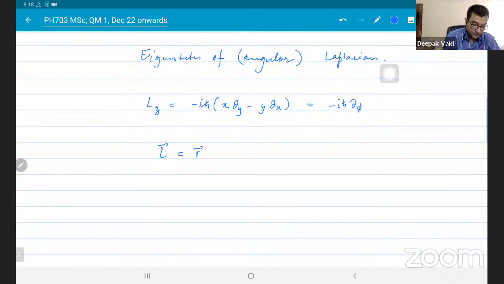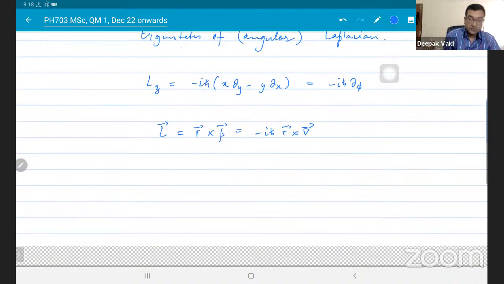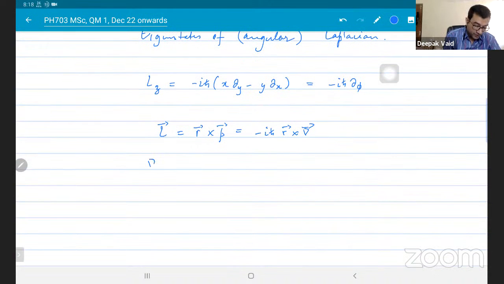R cross P can be written as minus iħ R cross the gradient. So you can alternatively just work with the gradient operator in spherical coordinates. The gradient operator in Cartesian coordinates can be written like this: x̂ d/dx plus ŷ d/dy plus ẑ d/dz.